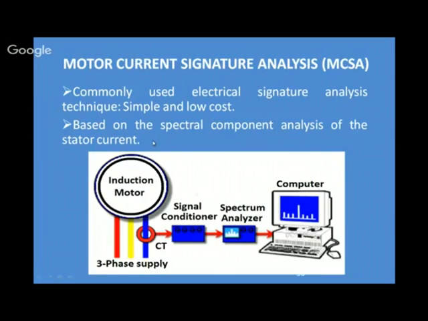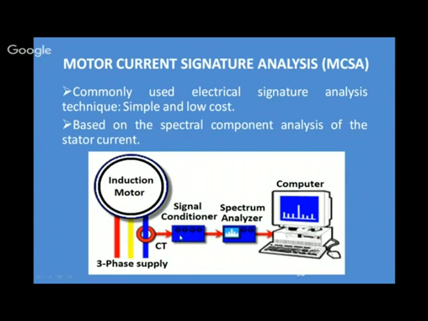This is a very commonly used method and it is very simple and low cost. Here we have the CT which is having the current that is being fed to the motor. It is used here because the motor can be of higher rating, so current may be in several amperes. So we can step down the range of the current here for our signal conditioning or monitoring equipment.